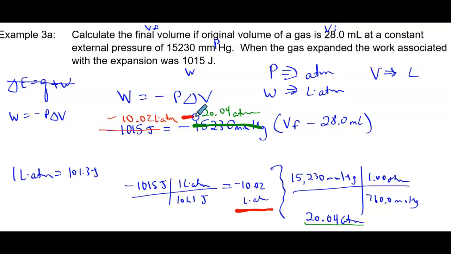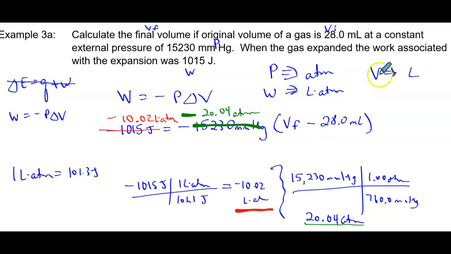This negative is still there. Let's make that negative the same color so it's not confusing. So all we did was convert the joules into liter atmospheres, and we converted millimeters of mercury to ATM.